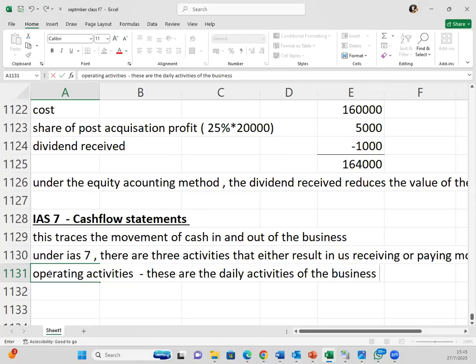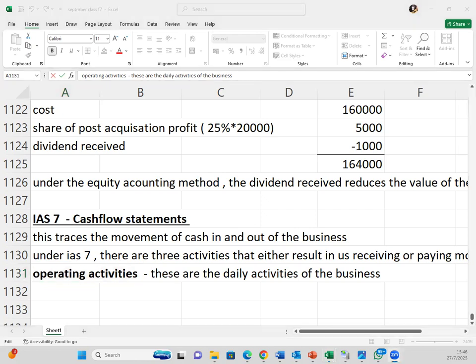So that is money that is being received or paid as a result of operating activities. So the operating activities, these are the regular expenditure of the business, or we can say these are the daily expenses of the business. So money can either be received or paid as a result of operating activities.